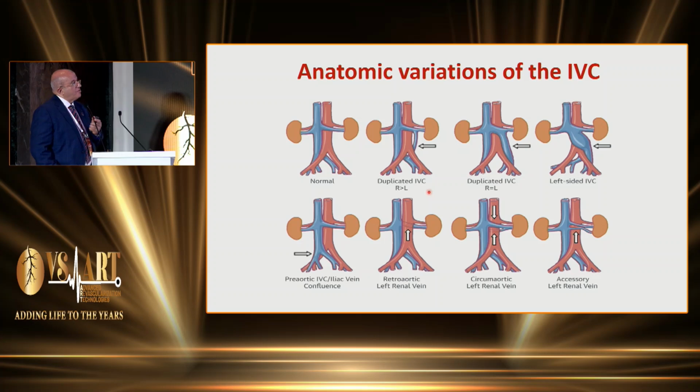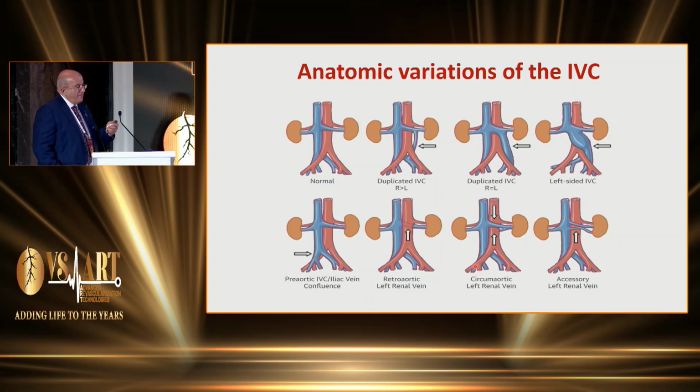This is a very important anatomic variation of the IVC. This is the normal IVC, this is the duplicated IVC, this is the duplicated IVC, right more than left, and this is left-sided IVC. This is pre-aortic IVC, retro-aortic IVC, circum-aortic IVC, and the accessory left renal veins.